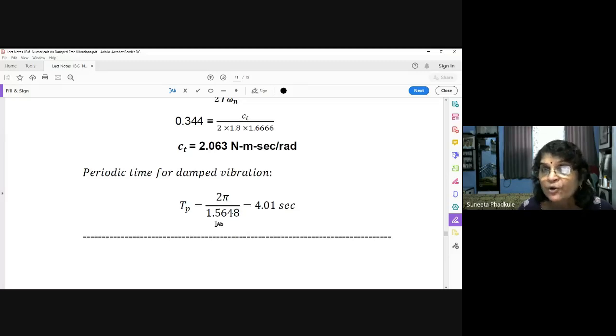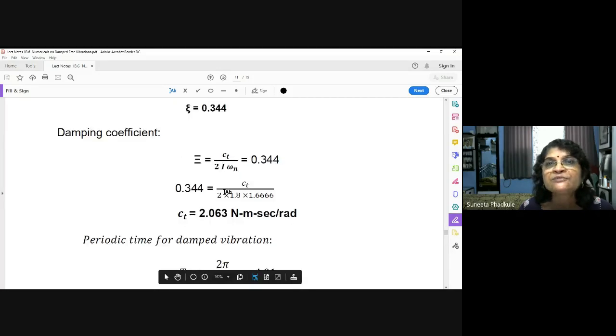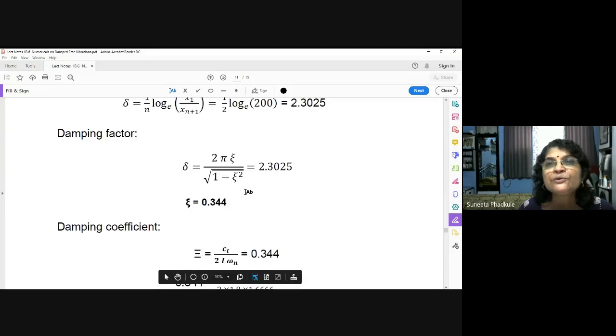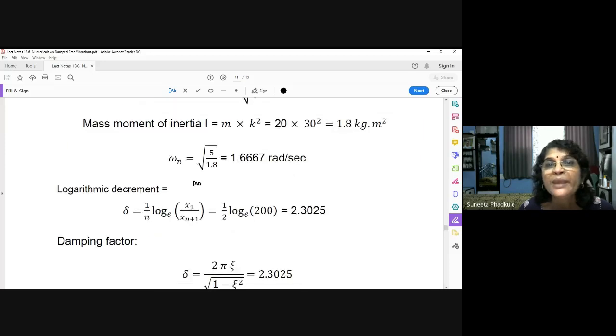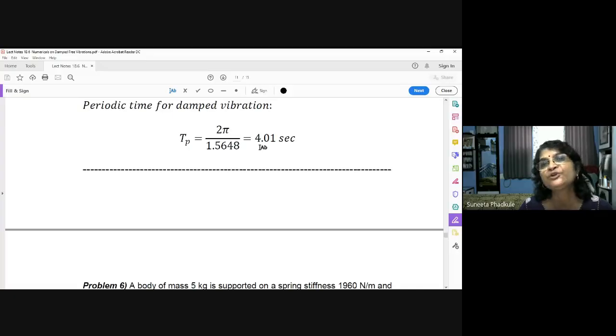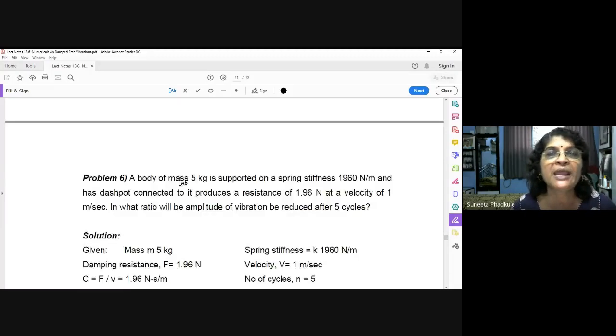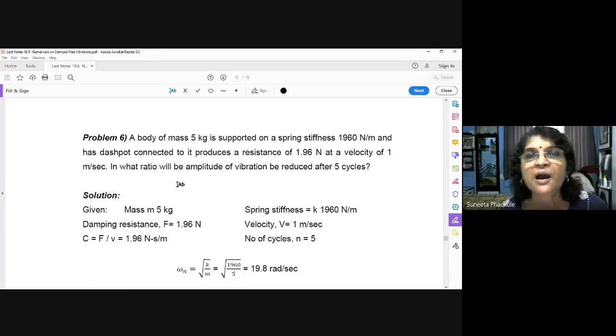So how to find out omega d? You know the formula, square root of 1 minus zeta square into omega n. Zeta is known to you, omega n is known to you, so find out omega d. So TP is 2 pi upon omega d, that is 4.01 second. Such type of problem we have already solved in the earlier lecture.